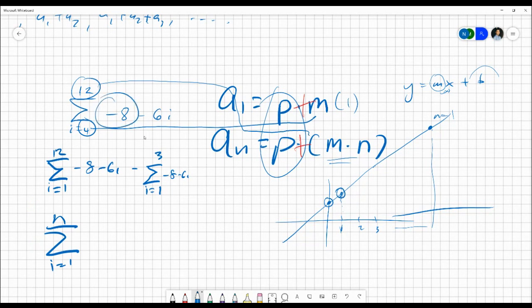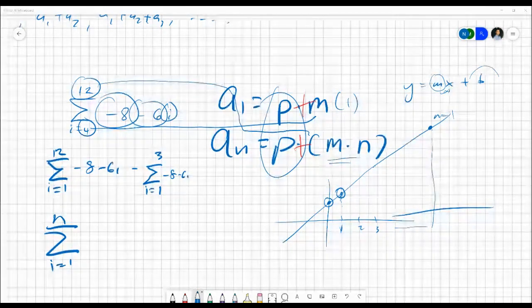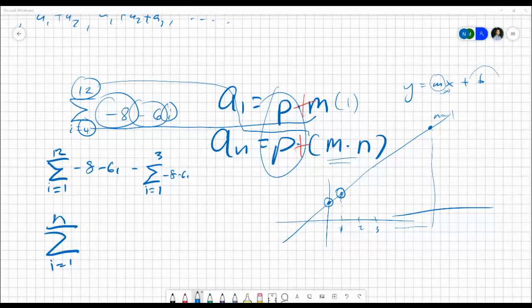The p here would be -8 and the m here would be -6. Then you plug in 1 here, and for n, you plug in 12 here. Oh, not 1, I'm sorry, 4 here. Oh, yep. That completely makes sense, because you're finding one term number in that series given the index and given the end.